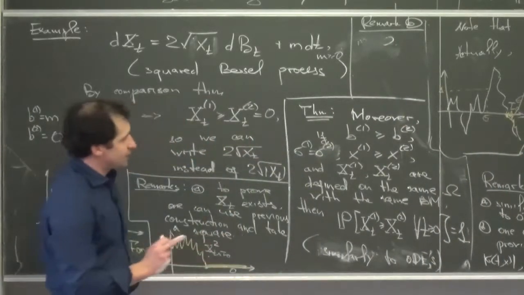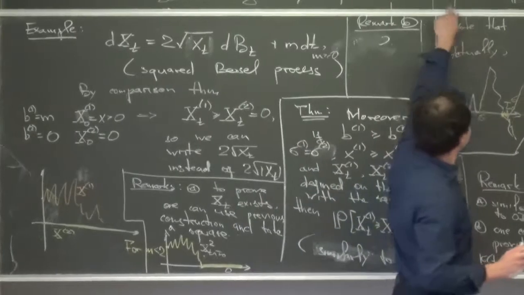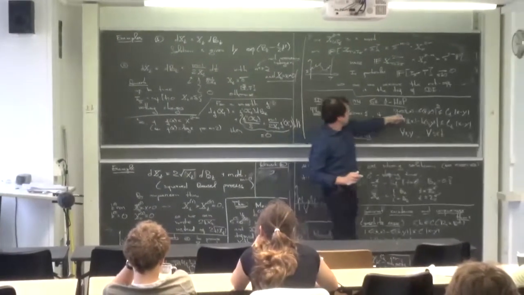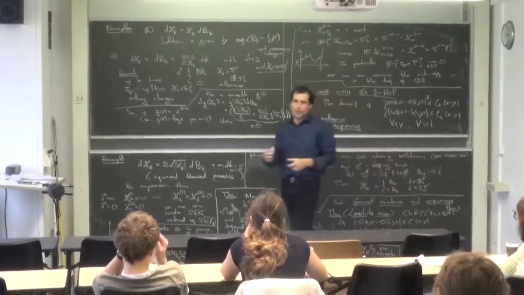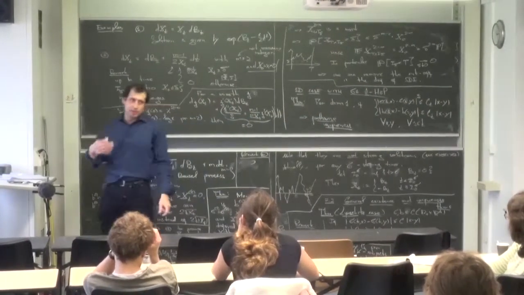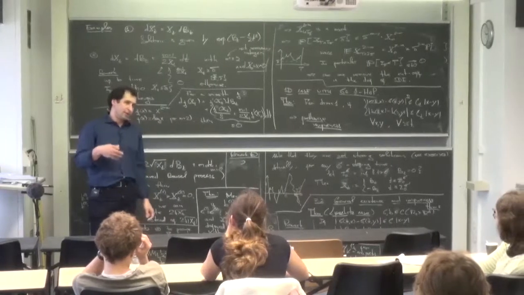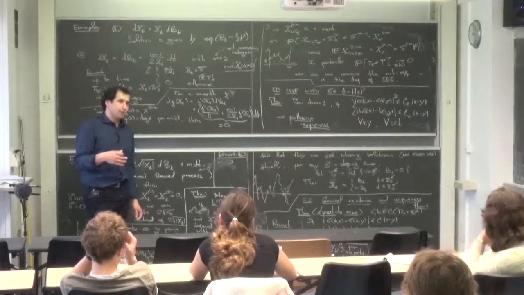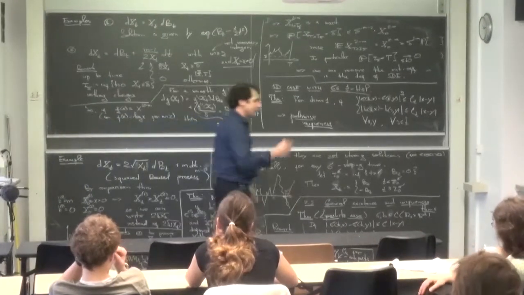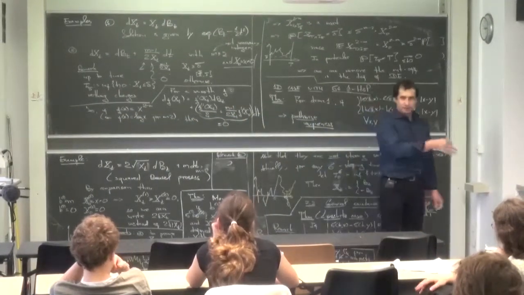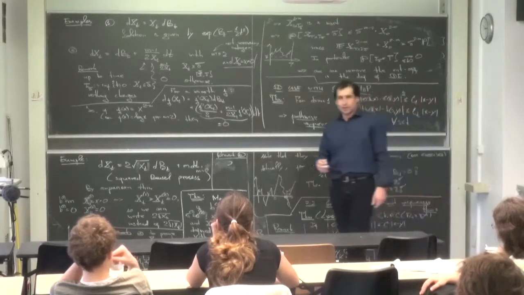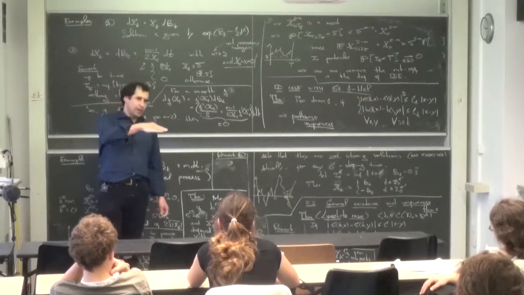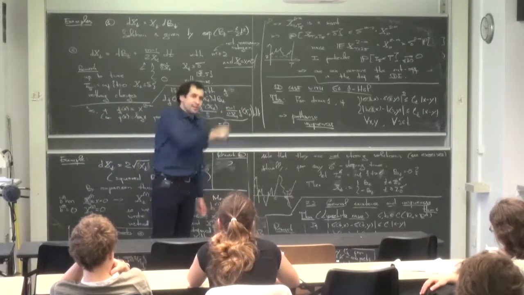The first remark is that for ODEs, the condition that coefficients are only Hölder is not strong enough to guarantee uniqueness of solutions. If you consider an equation like f prime is square root of f, it does not have a unique solution. You may stay at 0 for a while, and then at arbitrary moments start growing.